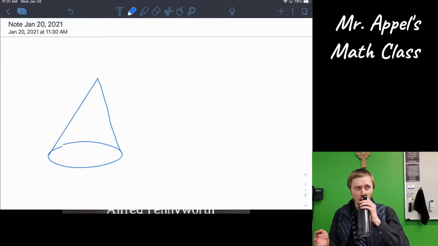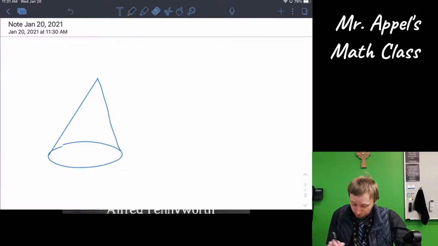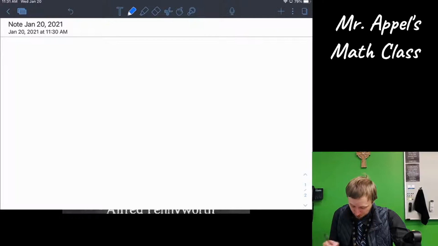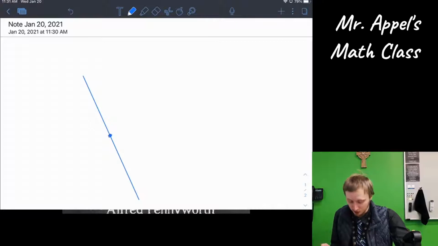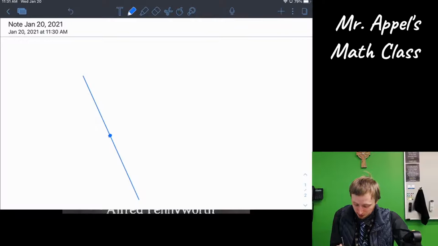More specifically, of the true cone, which is not this. The true cone is what happens when you take a line with a slope and you spin it around a central axis.